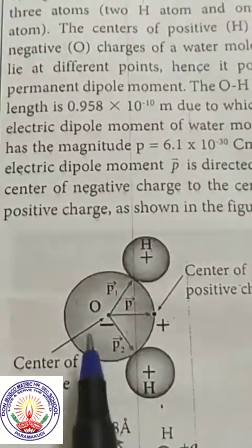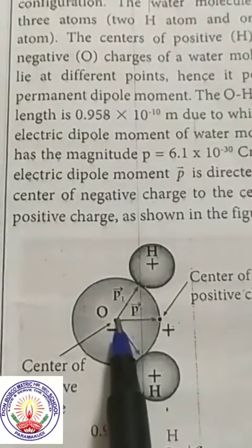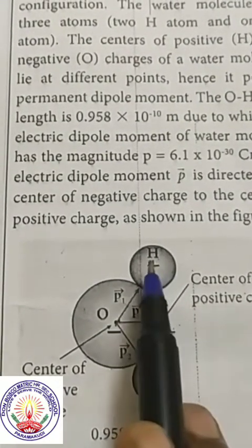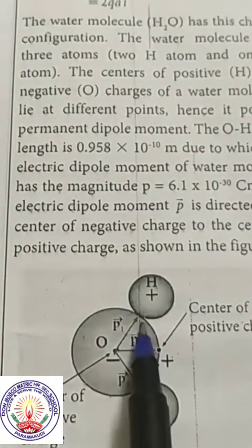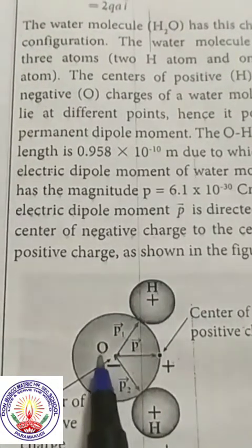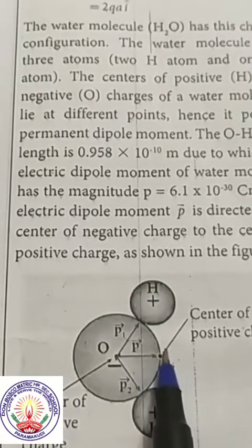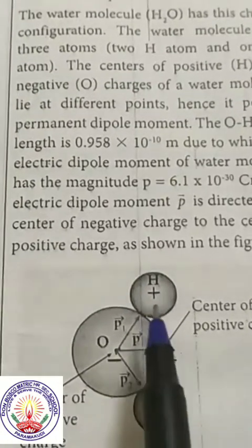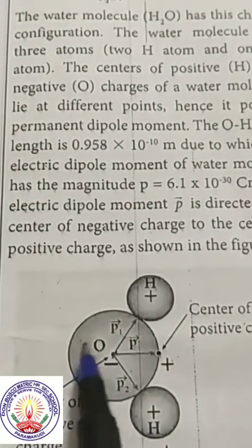Look at this diagram. This is the midpoint, and the H, this is the H2O, hydrogen and oxygen. Then next, center of the positive charge means this one, and negative charge means this one.